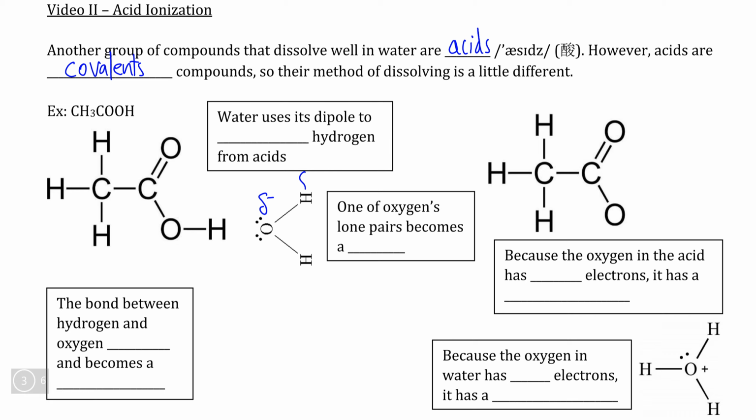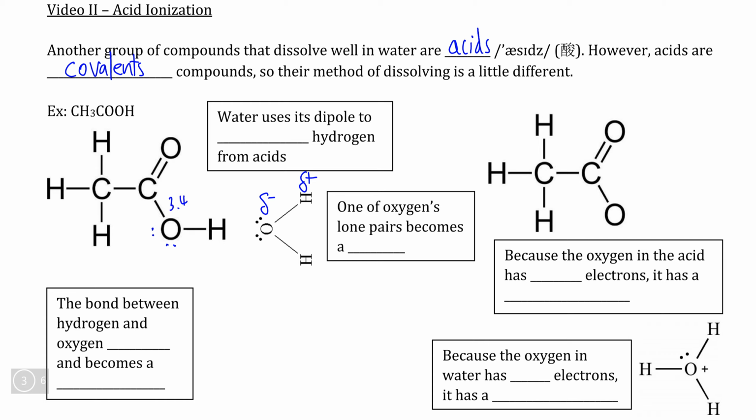Well, we know by now that water is a polar molecule. Its oxygen has a partial negative charge, and its hydrogen has a partial positive charge. This must also be true on the acid structure that we see here. So this acid is CH3COOH. This is the structure of acetic acid. If we look at the oxygen and hydrogen here, we know that oxygen, just like on water, has two lone pairs that I've added here.